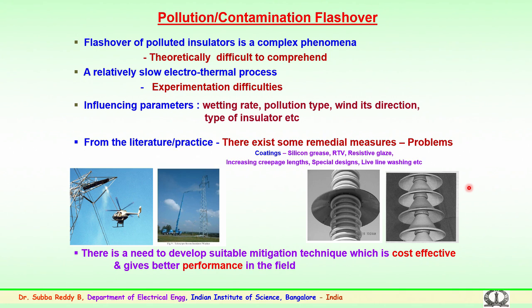Some of the pollutants could be carried away by wind, some could be deposited again on the surface, and what type of insulator is being employed for the transmission at that particular zone. So, all these are factors which influence contamination or pollution induced flashovers across the insulator string, particularly at extra high voltage and ultra high voltage transmission, which is of very serious concern.